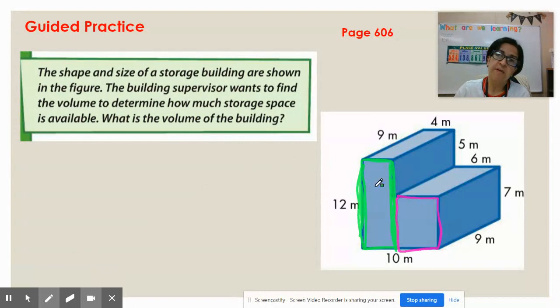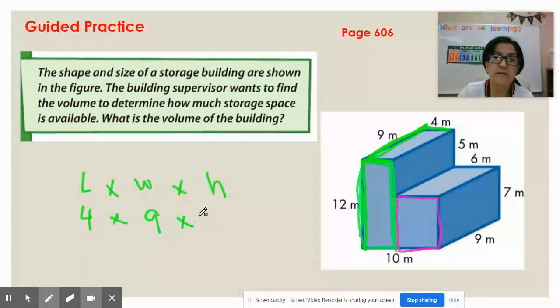So this shape, I would need the length, the height, and the width. The width is the side of it. So the length is here. Well, look at this side here. This side is 4, so this side is also 4. So the length is 4. The width is the side of the box is 9.